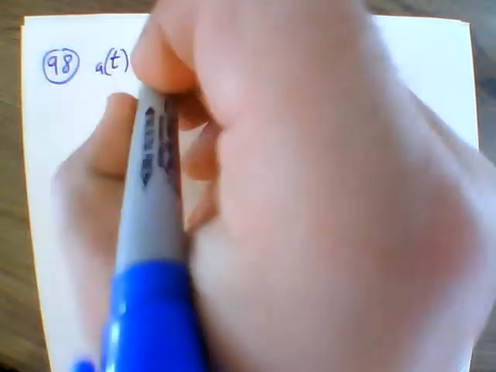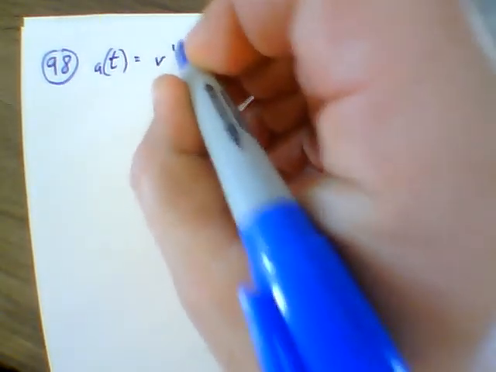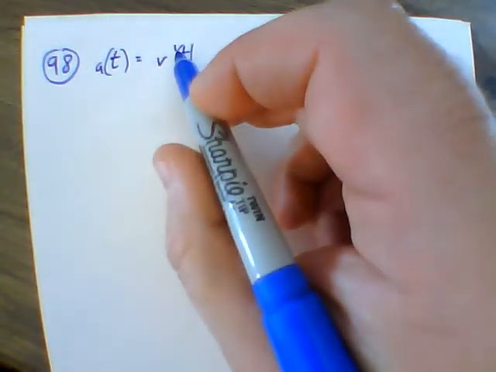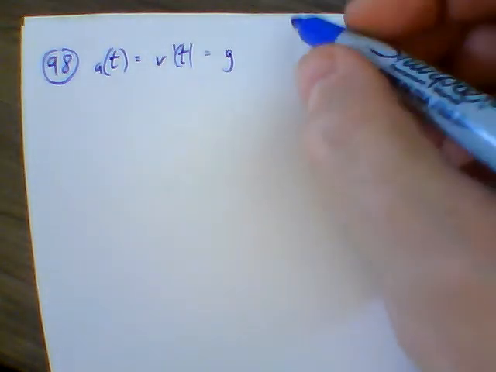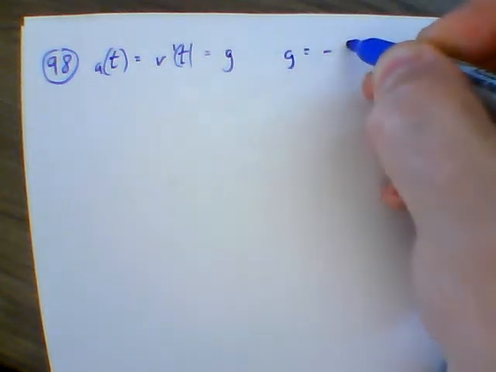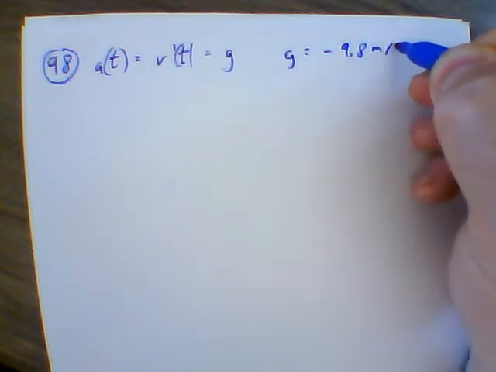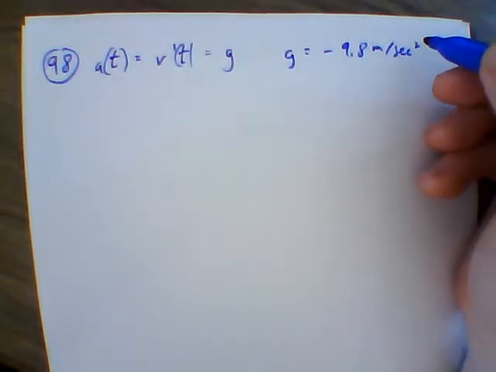So they talk about considering the following description of the vertical motion of an object subject only to acceleration due to gravity. Okay, so they talk about acceleration due to gravity. A sub t equals the derivative of our velocity function, which talks about gravity. Okay, and once again, gravity equals negative 9.8 meters per second squared.